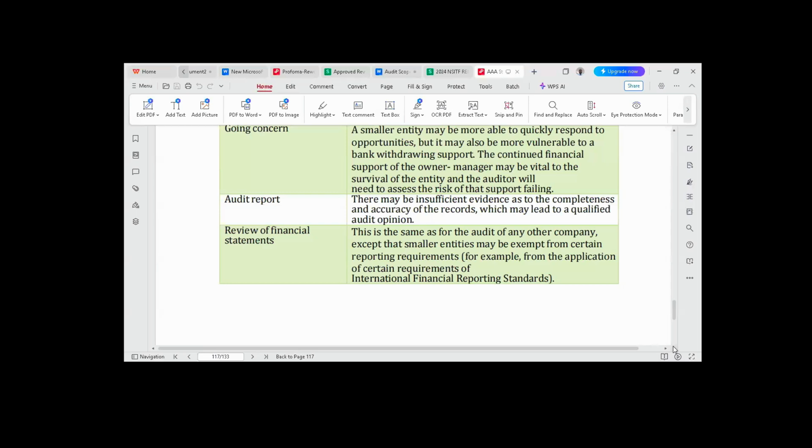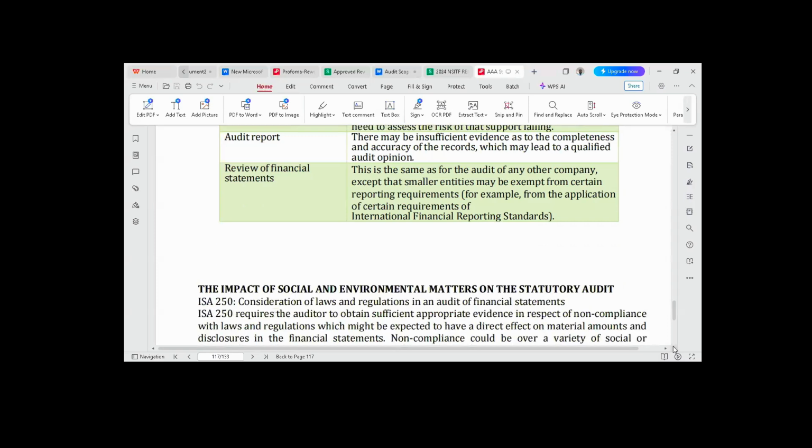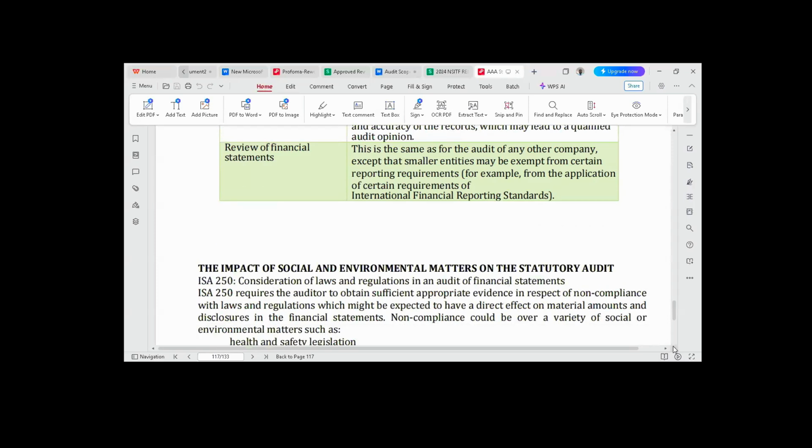And another thing is that most of the people at the helm of affairs don't have the technical competence of how the International Financial Reporting Standards operate. So it's going to affect the financial statement. So that is how you audit small entities or small companies.